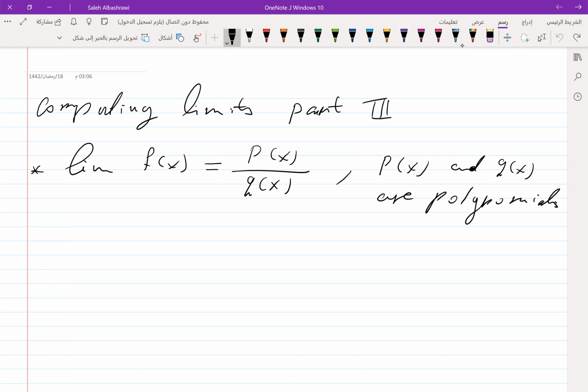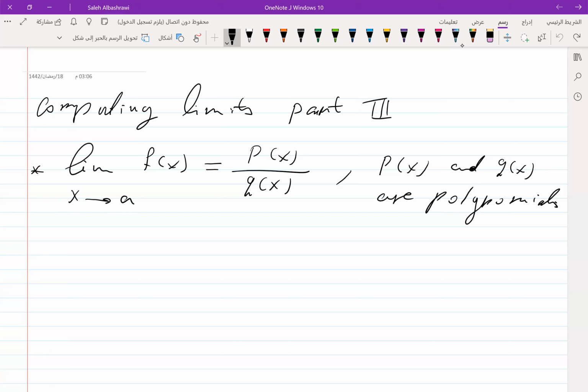Later on, we are going to give different types of examples where the numerator or the denominator are not polynomials. But for this part now, let's speak about a function that is defined as a polynomial divided by another polynomial. And we need to find the limit where x goes to some real number a.